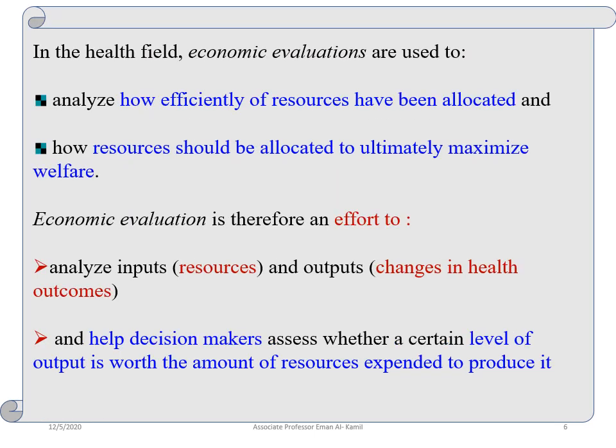In the health field, economic evaluations are used, for example, in medical practice. First, we are going to analyze how efficiently resources can be allocated. How can we allocate the resources?